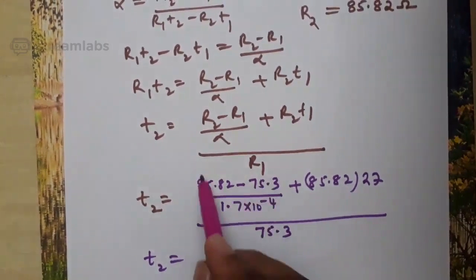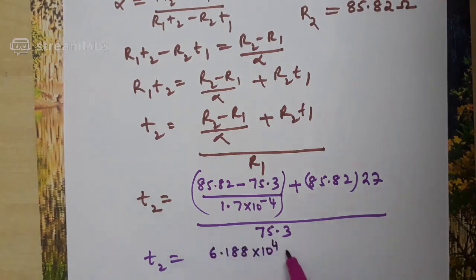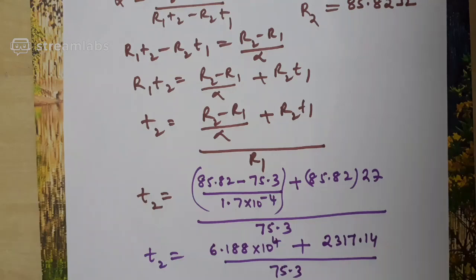Okay, this part will be 6.188 into 10 to the power plus 4. Just complete the calculation, okay?